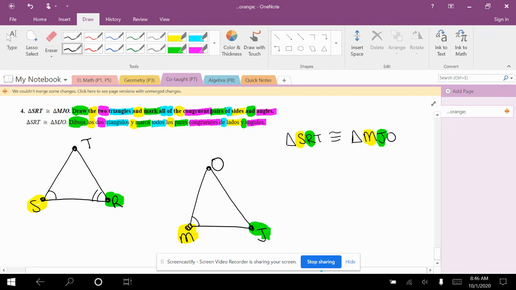I can put 2 tick marks. The last letters are congruent, T and O. I can put 3 tick marks.